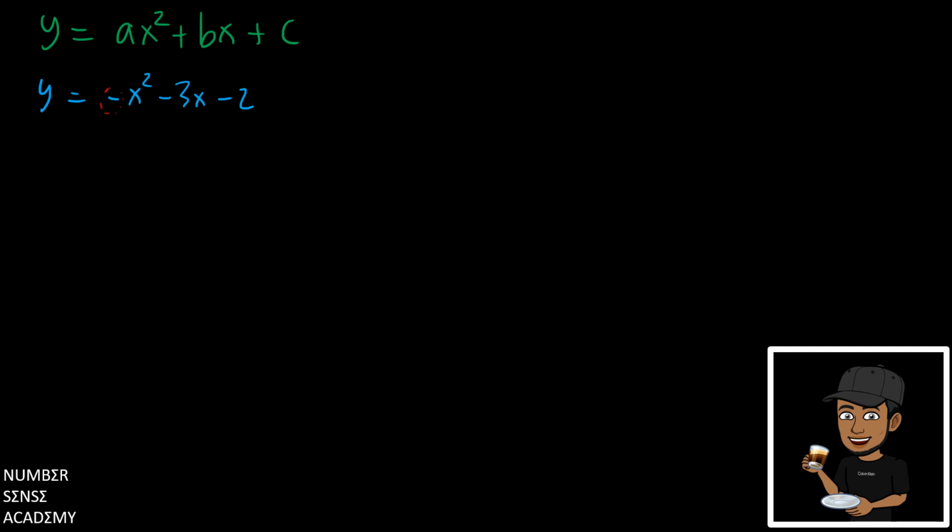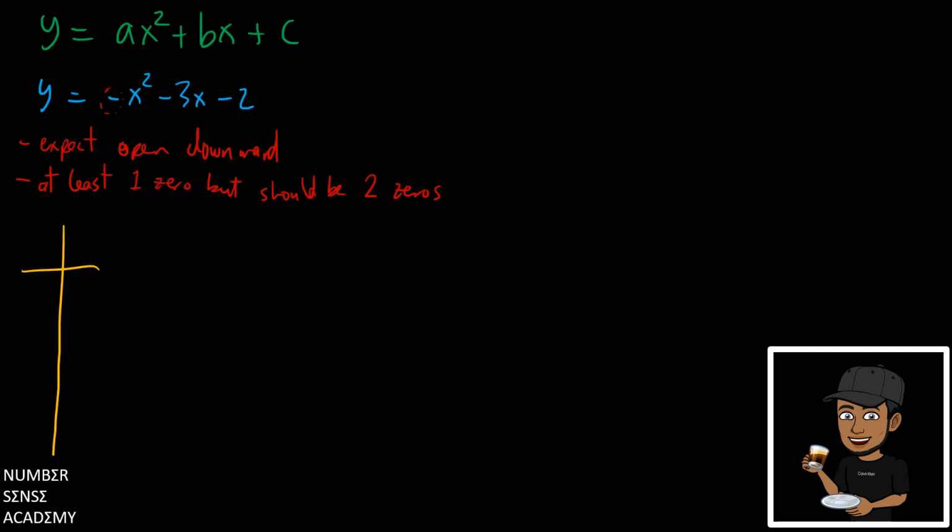The other thing we expect is that there should be at least one zero, but we should get two zeros. All right, so let's build a table of values, and we'll find some values here, and then we will graph it and then study the behavior.